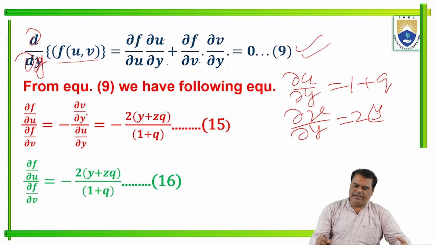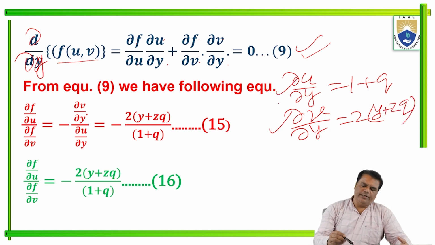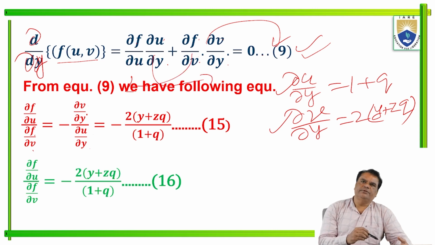Putting both values here, we get ∂f/∂u upon ∂f/∂v equals minus ∂v/∂y upon ∂u/∂y. Taking this term to this side and this upon this, we write minus 2(y plus zq) upon (1 plus q). This is equation 15.